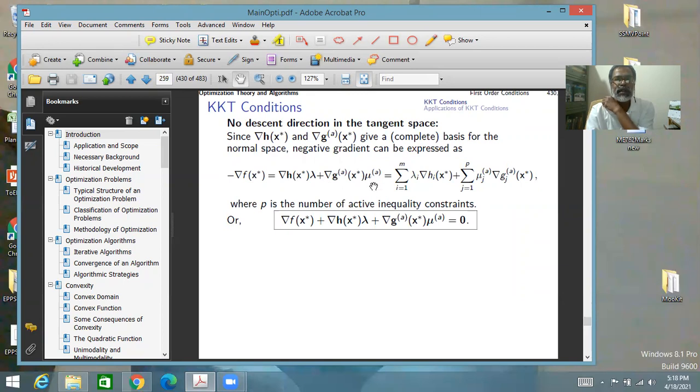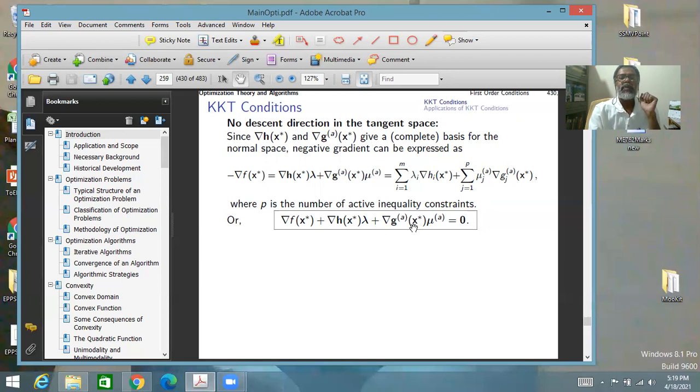You can write it in this matrix vector form or this open form, with summations. Here, M is the number of equality constraints, always active, and P is the number of inequality constraints active at this point. So from here, if you bring it on this side, then you get this. This is one condition which a minimum point must satisfy.